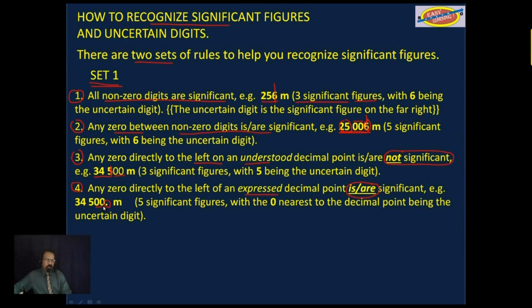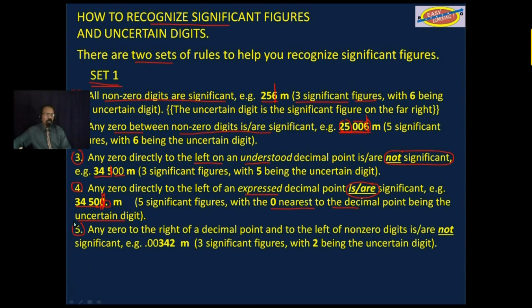Therefore, they are considered significant, and of course these are non-zero digits based on Rule 1. They are also considered significant, so we have 5 significant figures, and out of the significant figures, the one on the far right is considered uncertain. So 5 significant figures, and the zero nearest to the decimal point is the uncertain digit.